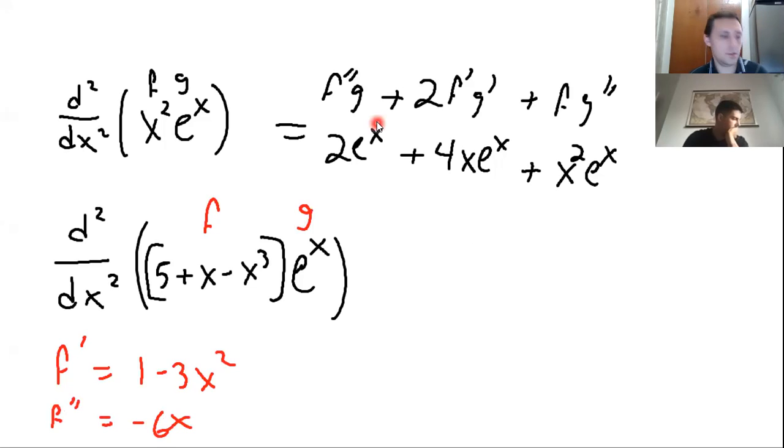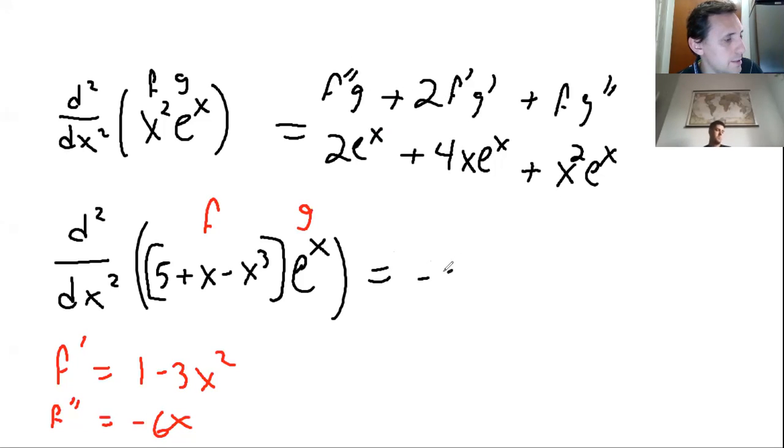Okay, so let's finish this derivative quickly. So then what's the derivative, guys? I need to take two derivatives of f, that's over here, and multiply by g.